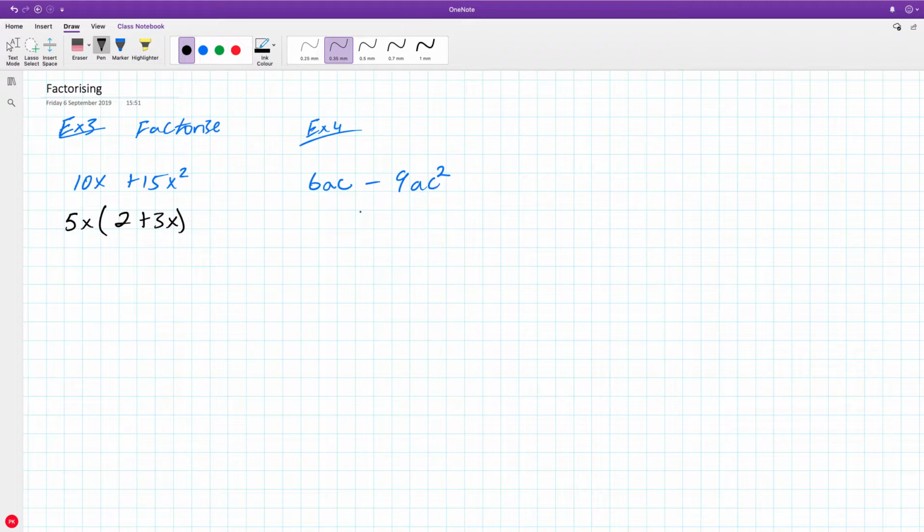Grace, what's the highest number 6 and 9 have in common? 3, good stuff. And ac and ac squared? Brilliant. ac. What do I multiply by 3ac to get 6ac? Brilliant. And what do I multiply by 3ac to get minus 9ac squared?